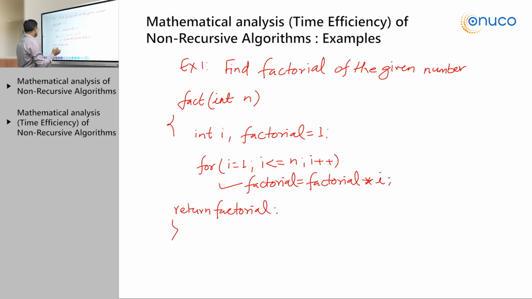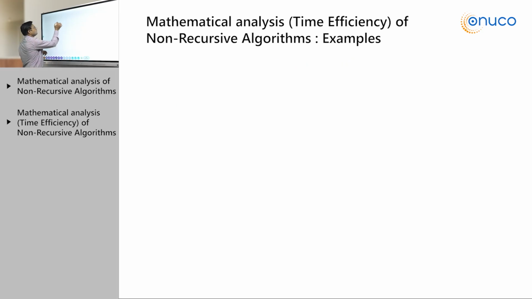Set up some expression, like we are going to write the summation symbol, T of n is equal to the summation with initial value of I equal to 1, final value of I equal to n, and for the basic operation you are going to write 1. So this is the set of summation expressions for the time complexity. We are writing I is equal to 1 to n. This one instruction, the basic operation, is repeated from 1 to n times.